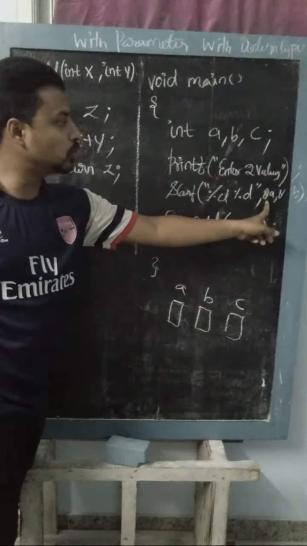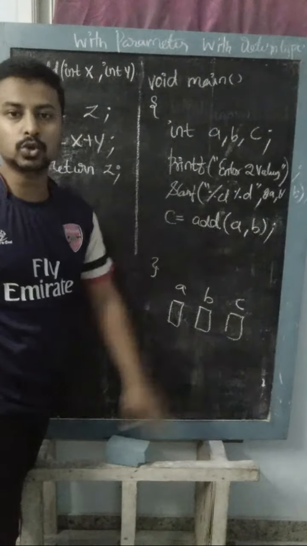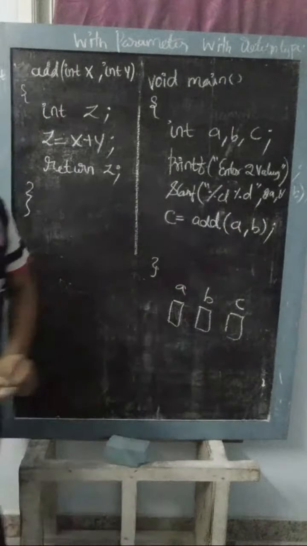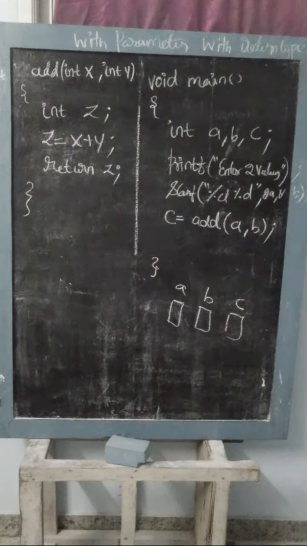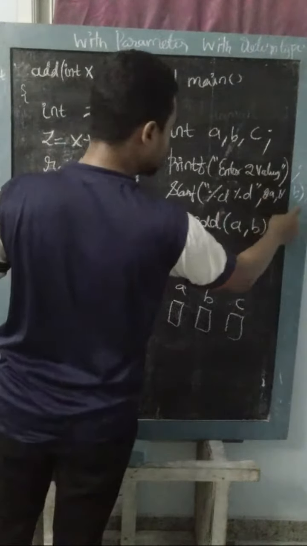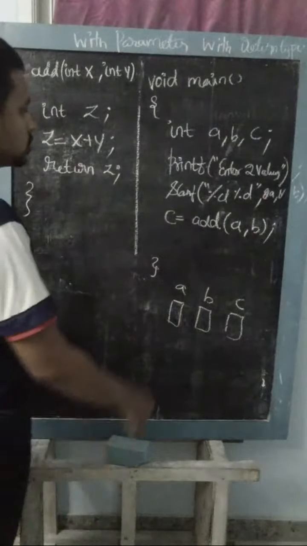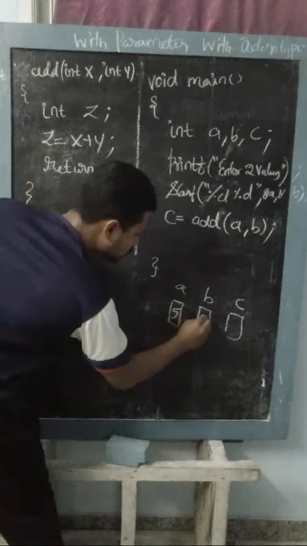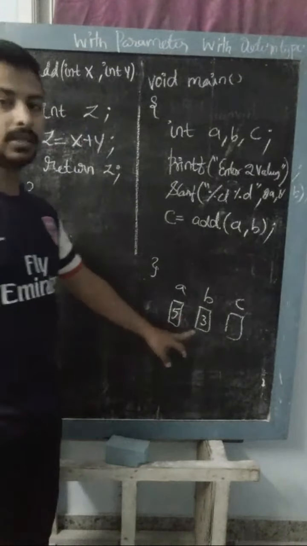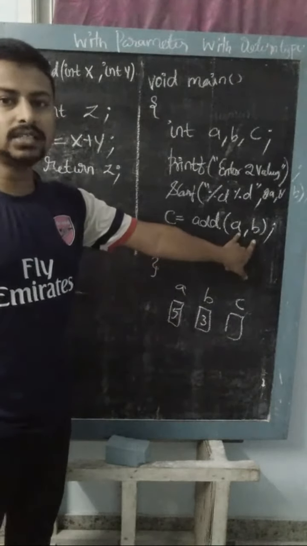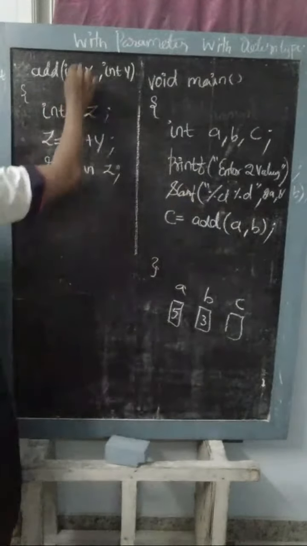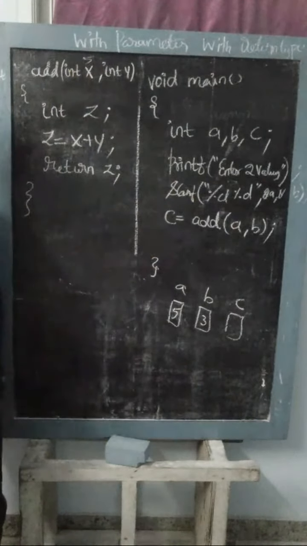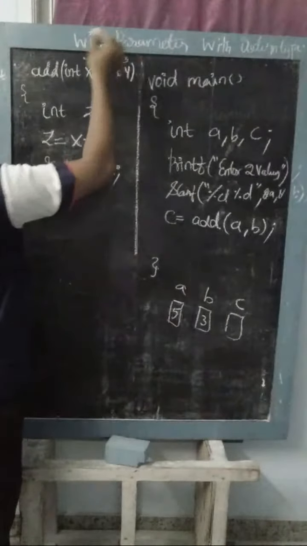The first value will be stored in the address of A, and the second value will be stored in the address of B. So already we have 2 values. Just make it 5 comma 3. It will be passed here. So now the x value will be 5 and the y value will be 3.